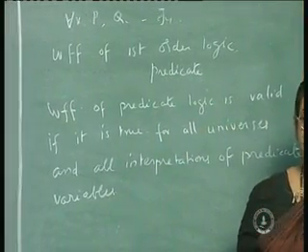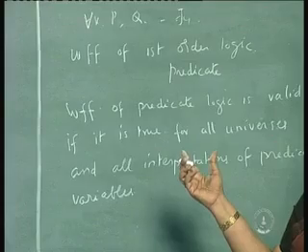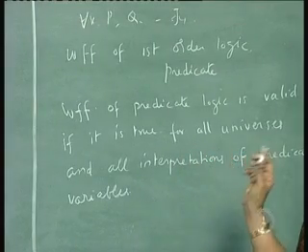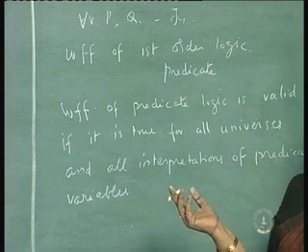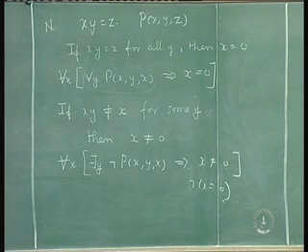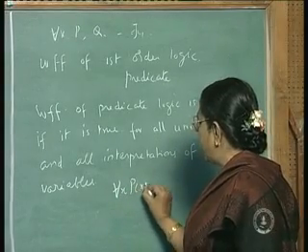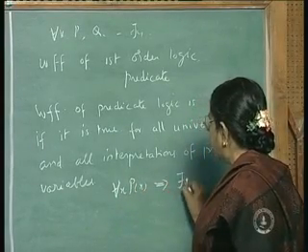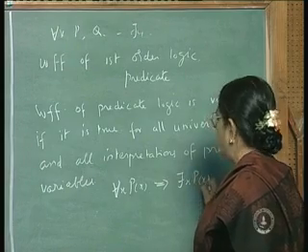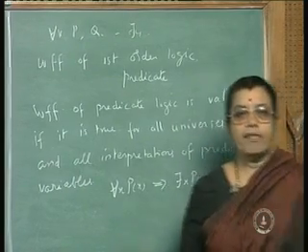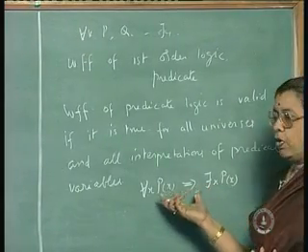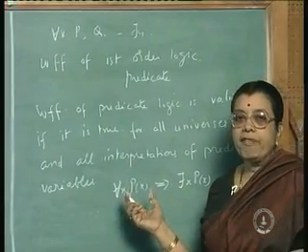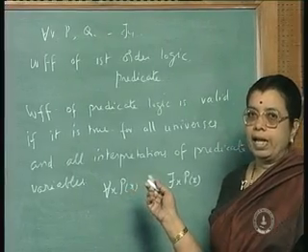If a well-formed formula of predicate logic is true, whatever may be the universe and whatever may be the interpretation you are going to give for the predicate variable, then it is said to be valid. For example, if you take for all of x, P of x implies there exists x P of x, this is always true. Whatever may be P, whatever may be the underlying universe, this is always true, and this is said to be a valid statement in predicate logic.